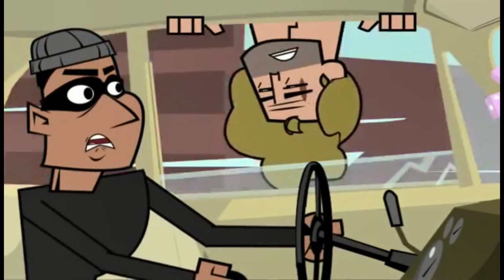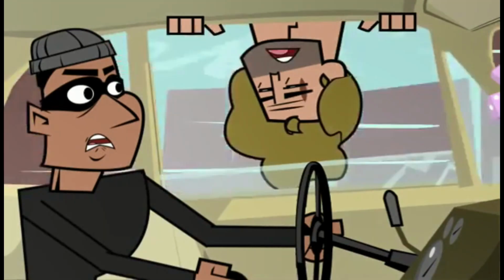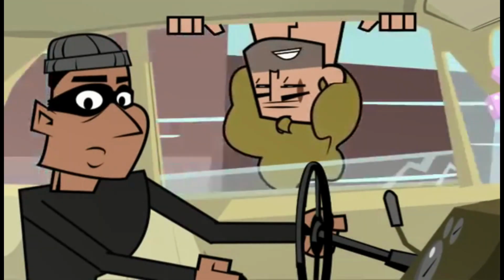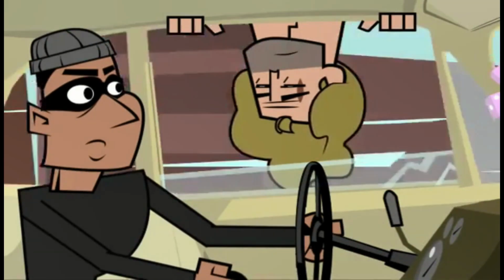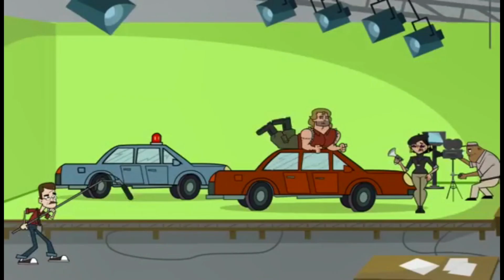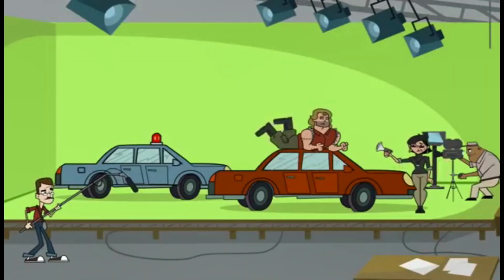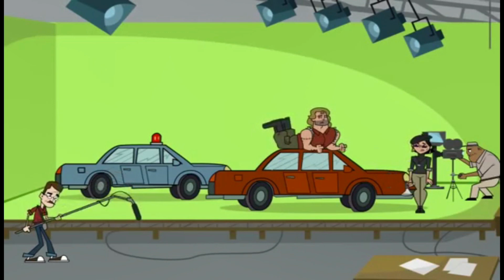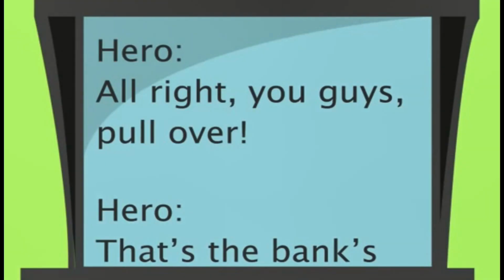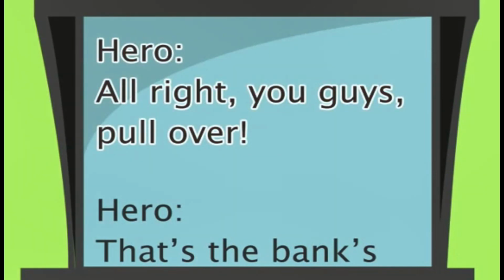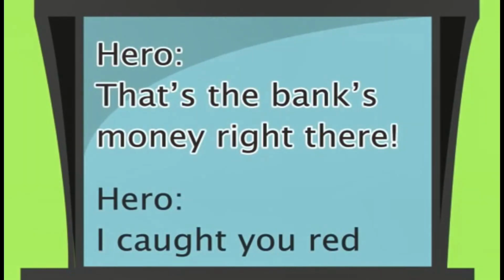All right, you guys, pull over. That's the bank's money right there. I caught you red-handed. You're going to spend a long time behind bars. Cut! They're not going to jail. That's not in the script. Are you serious? Check it out. First, you leap onto their car and yell, "All right, you guys, pull over." And then you say, "That's the bank's money right there."